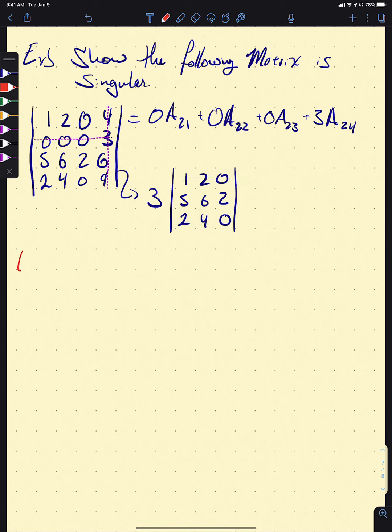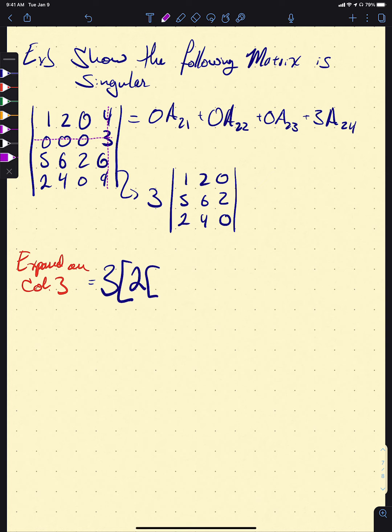So why don't we expand on column 3, right? Because if we expand on column 3, we're going to have 0 times its cofactor plus 2 times its cofactor plus 0 times its cofactor, right? So all that's left is we're going to have 3 times 2 times the cofactor.